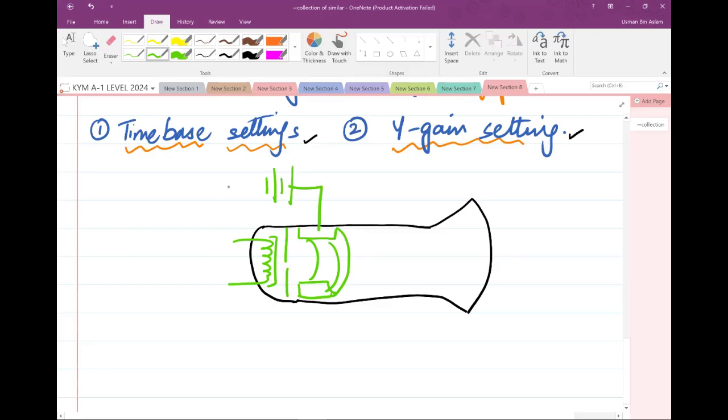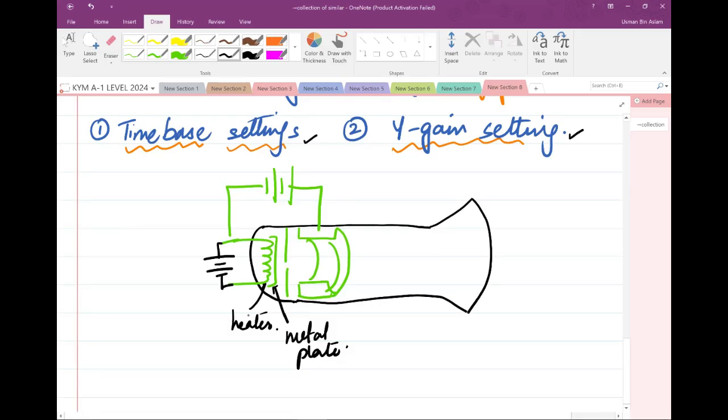First of all, this little spring-like structure that I have drawn is a heater. This is a filament heater. And this little piece that I have drawn is a metal plate. So an electric heater is used to heat up the metal plate.